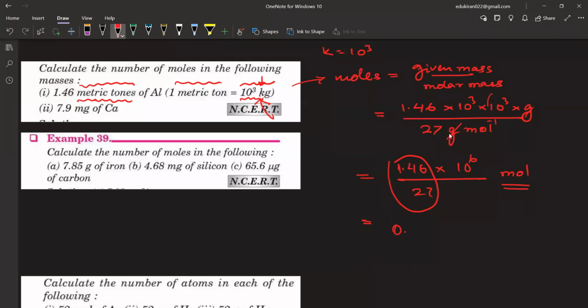Oh, sorry, 3. So you'll get this value as 0.054 into 10 to the power 6. We can write this as 54 into 10 to the power 3 also. This will be moles. This many moles are there. Similarly for 7.9 mg. So here mg is what? Milli.